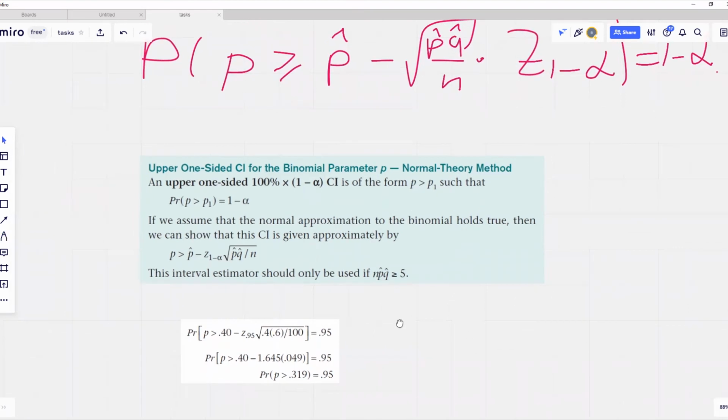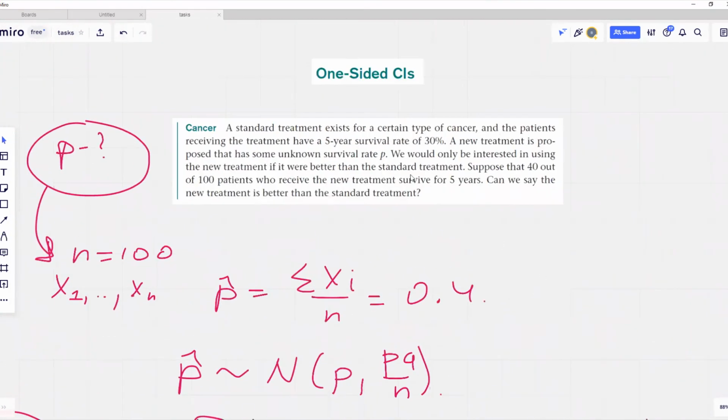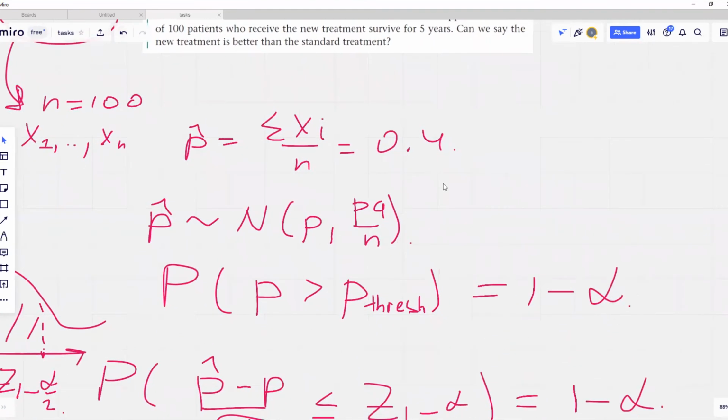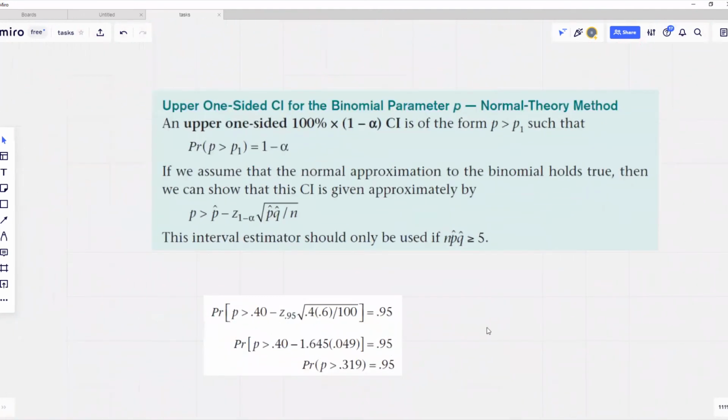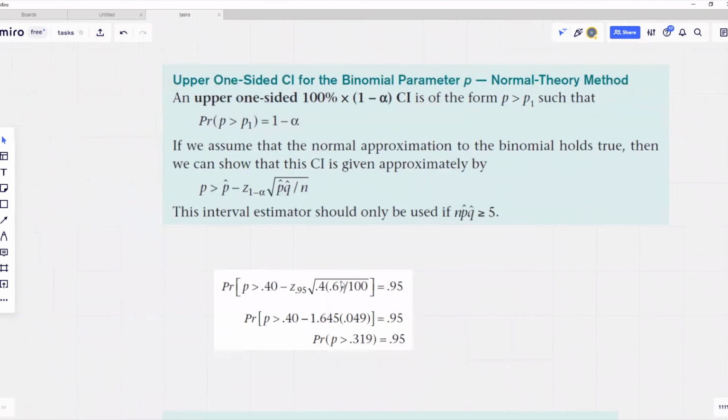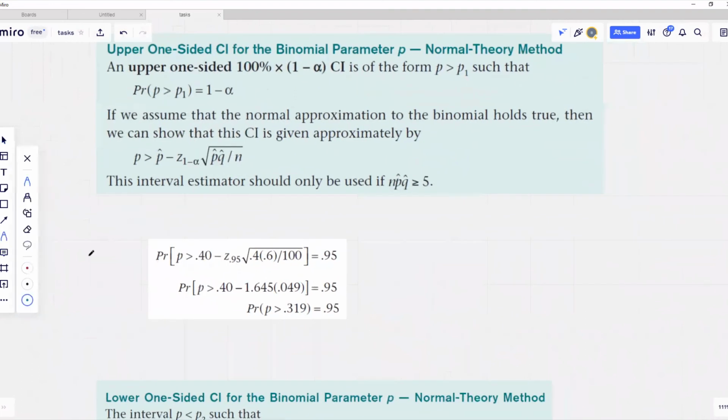Okay, so let's finish up our example. 40 out of 100 patients who received the new treatment survive for 5 years. So point estimate in our sample is 0.4. Then building 95% upper one-sided confidence interval, we choose a critical value of 1.64 and substituting the values for p hat, q hat here, we would get the following one-sided confidence interval.